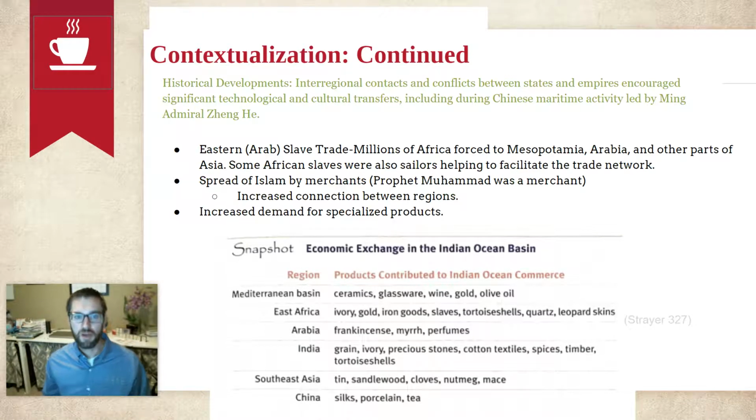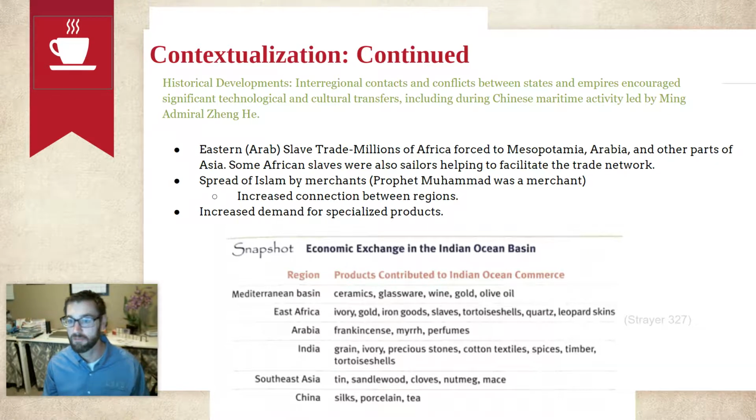All right, so continuing with what's going on in the world, we're going to shift gears a little bit to what's going on in Africa and Arabia. Africa has already been for centuries engaged in the Eastern Arab slave trade, where Africans have been taken by Muslim slave traders.